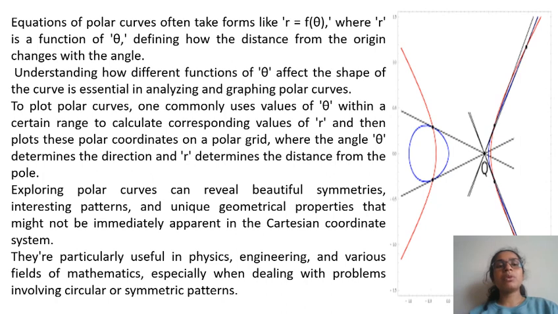To plot polar curves, one commonly uses values of theta within a certain range to calculate the corresponding value of r, and then plots these polar coordinates on a polar grid, where theta determines the direction and r determines the distance from the pole.